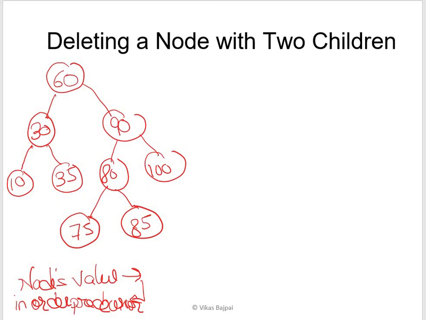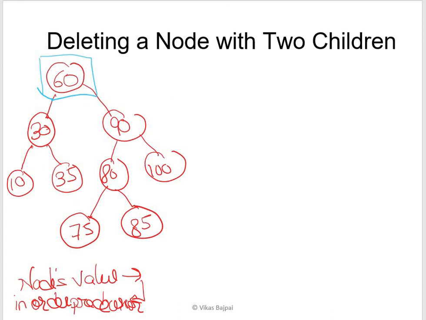So let's take this example where, so let's assume I have to delete this particular node from this tree, and we have two options, right?